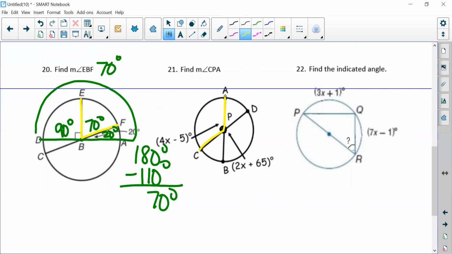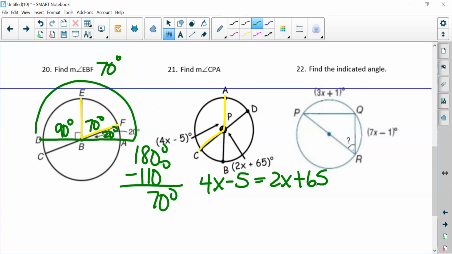But look, angle CPA and angle BPD are congruent angles, okay? So to solve for X and find the measure of CPA, we could simply take the measure of the two angles, which in one case is 4X minus 5, and set it equal to 2X plus 65.